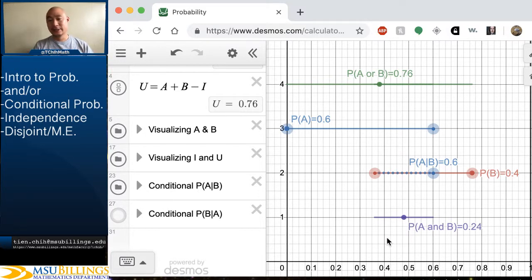So let's say there's 100 people who ate at this restaurant, 60 ate seafood, 40 of them got sick, and then 24 of them is this overlap, both, right? And so looking at this, I can say, well, 60% of the people ate seafood, and if I look at the people who got sick, 60% of them ate seafood.